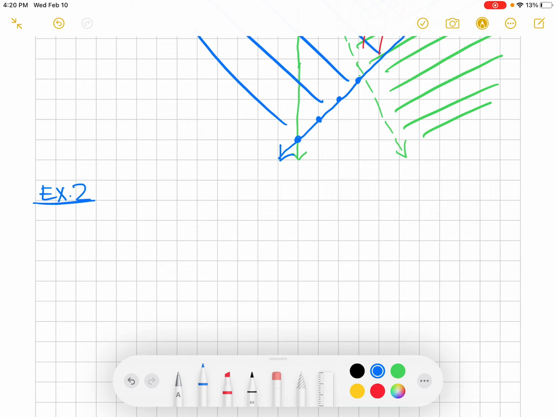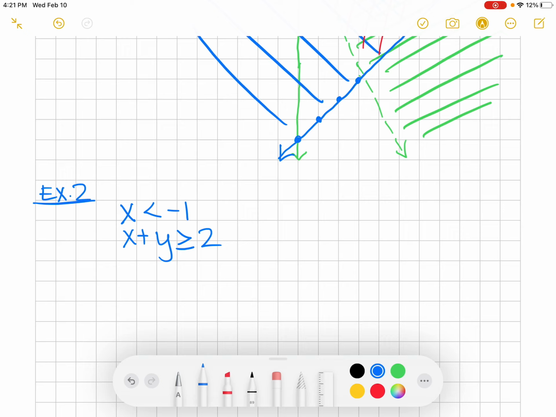And we are going to do x is less than -1. And x plus y is greater than or equal to 2.